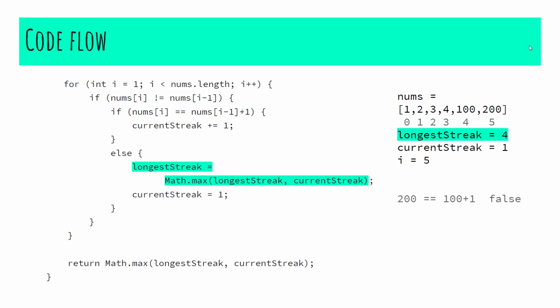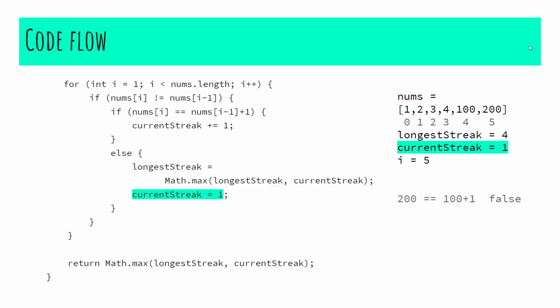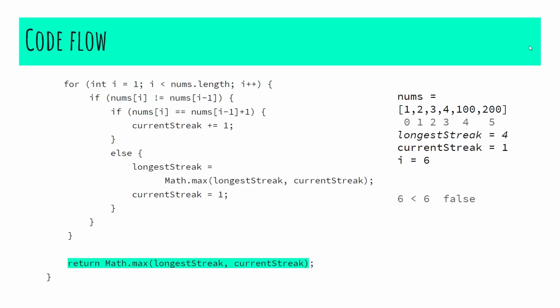There will be no change since my longest streak is already greater than the current streak. I'll again reinitialize my current streak to 1. Since the i value is 6 here, 6 is not lesser than 6, therefore we'll move out of the for loop and I'm going to return the maximum of longest streak and the current streak, which is 4.